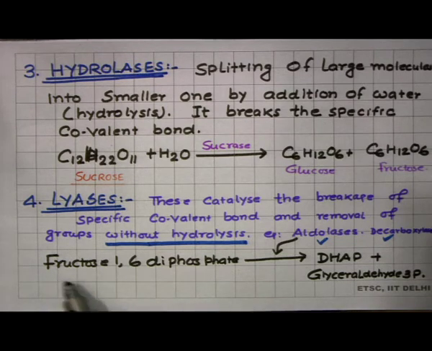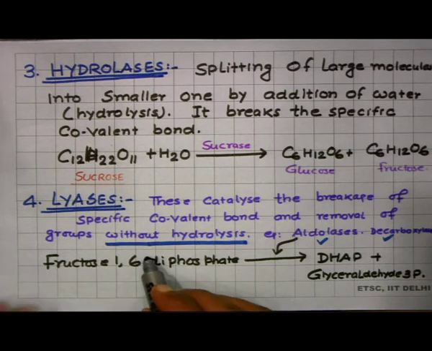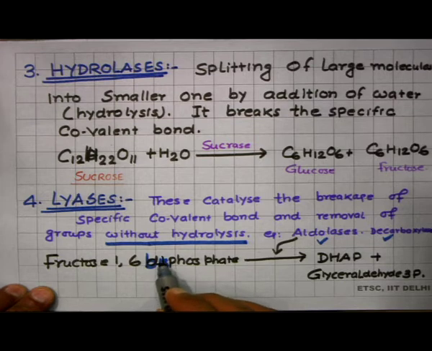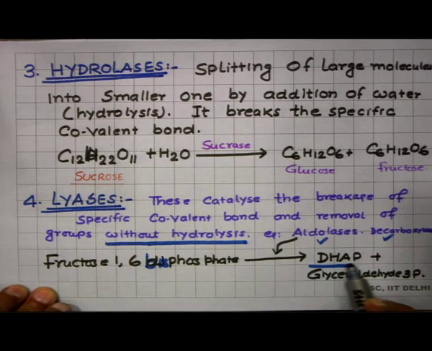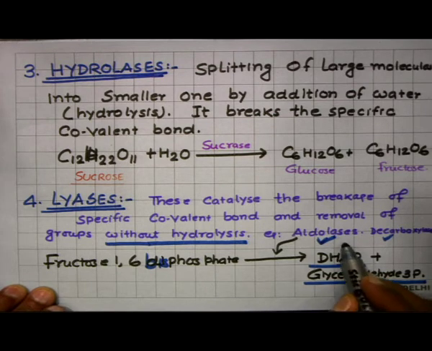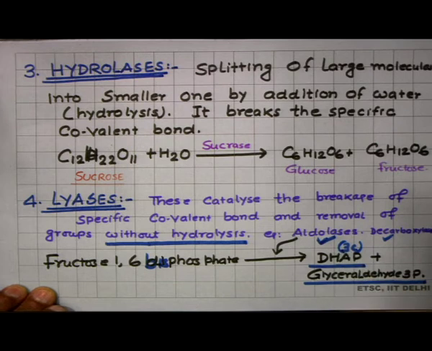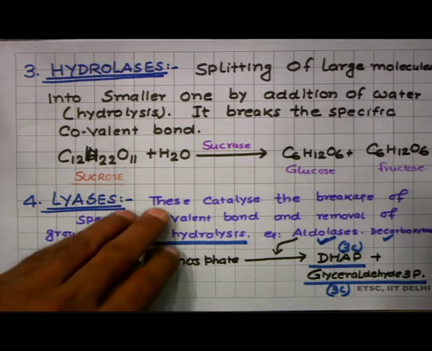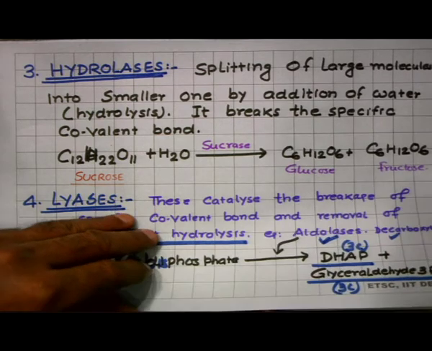Fructose 1,6 bisphosphate, with the help of the aldolase enzyme, is converted into the 3 carbon compound dihydroxyacetone phosphate and the 3 carbon compound glyceraldehyde 3 phosphate.